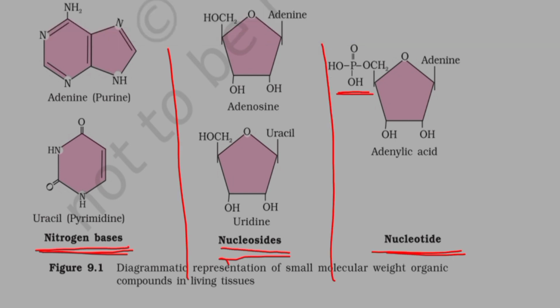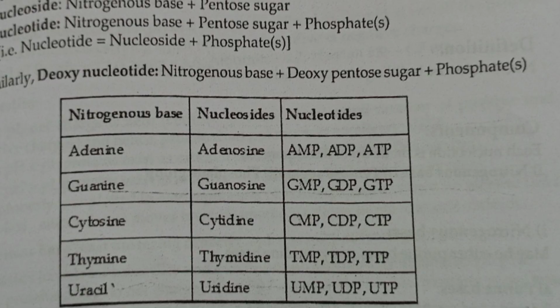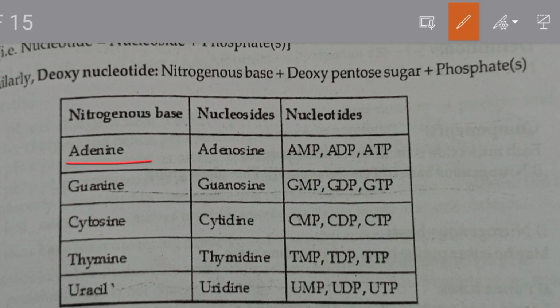Adenine is purine, adenosine is nucleoside, and adenylic acid is nucleotide. So here you can see adenine is nitrogenous base, adenosine is nucleoside, and here AMP means adenosine monophosphate. So these are nucleotides. Diphosphates, triphosphates, all are nucleotides.